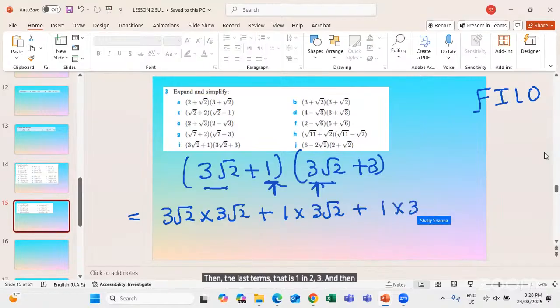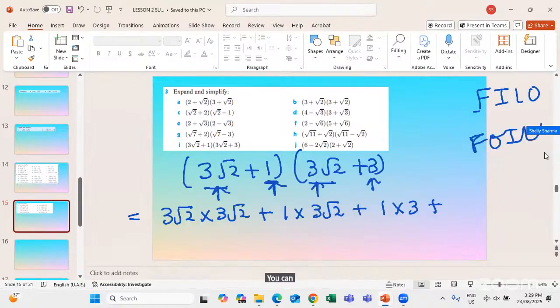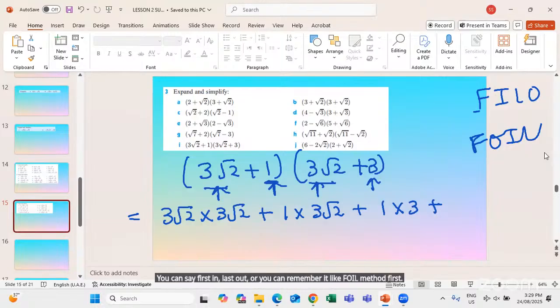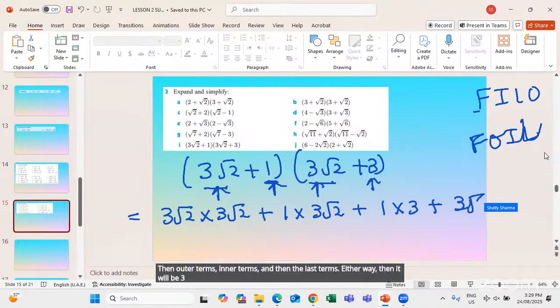And then the outer terms. This is the FOIL method. You can say first in, last out, or you can remember it as FOIL: first, then outer terms, inner terms, and then the last terms. Either way.